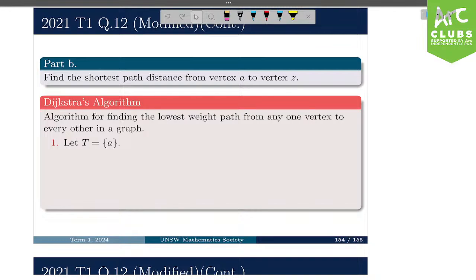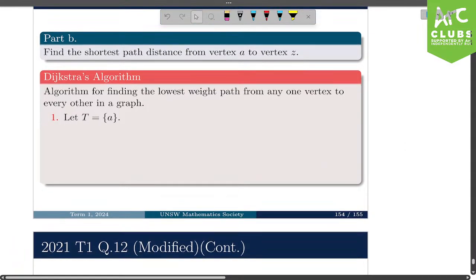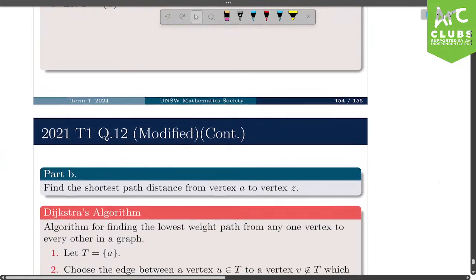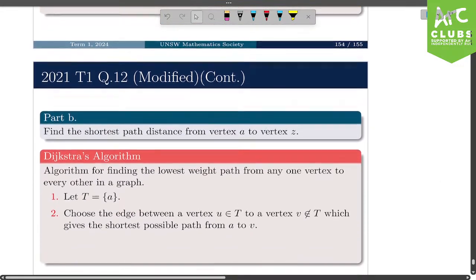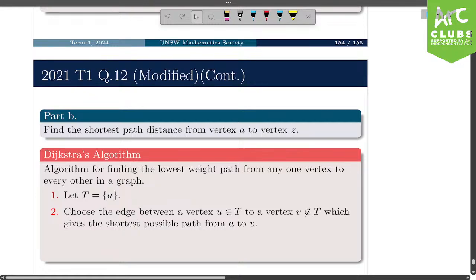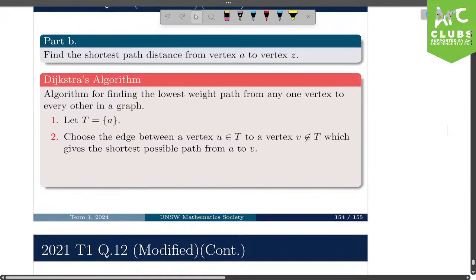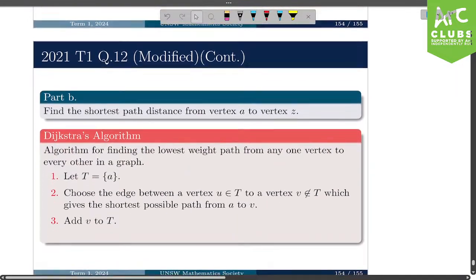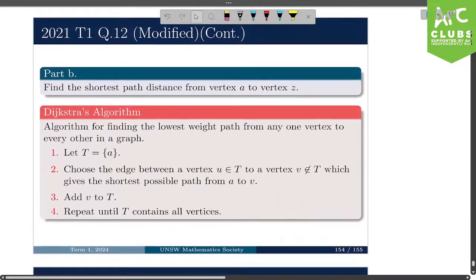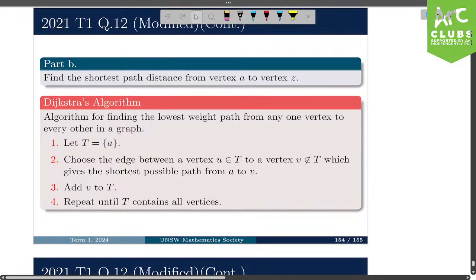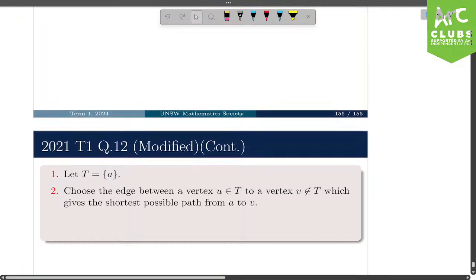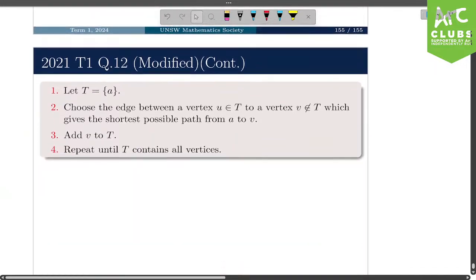Let's start with the starting vertex, A. So we want to go from A to Z. We start with A in our set T, and then we choose the smallest edge that goes from a vertex in T to a vertex not in T. Say that goes from a vertex in T to a vertex V, and then I add V to T, and then I repeat. Okay, let's see how that goes. So there goes the algorithm again.